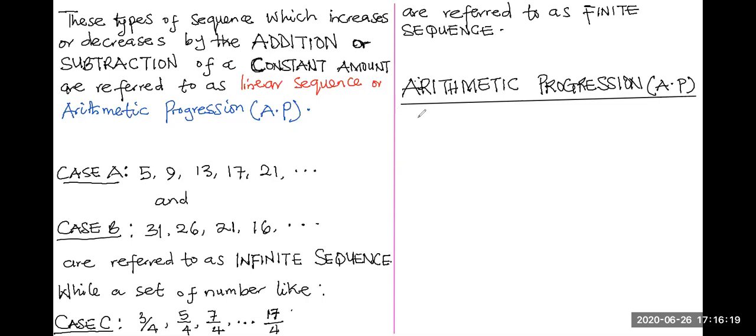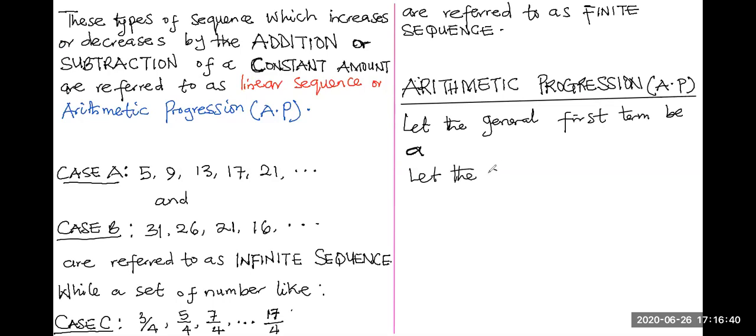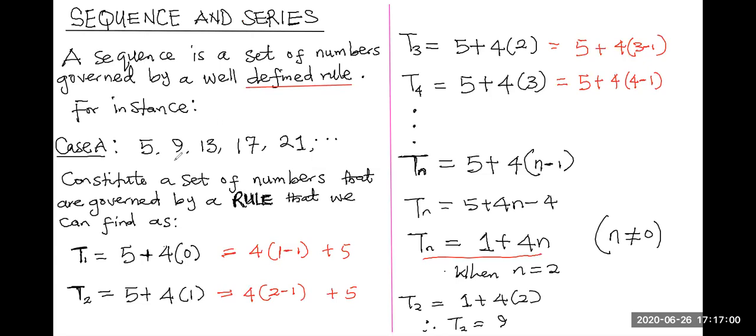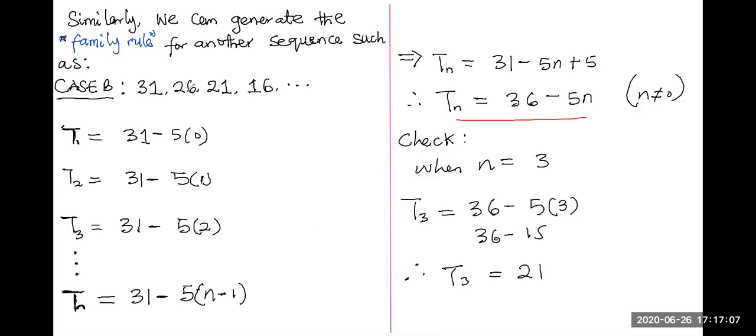So we now say, let the general first term be A. Let the general common difference be D. Now in case A, the common difference is 4, while in case B, the common difference is -5.